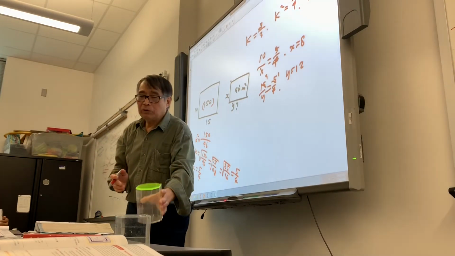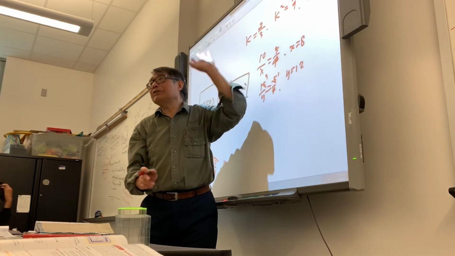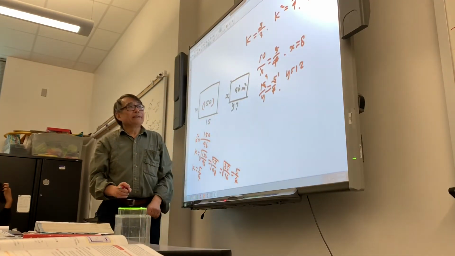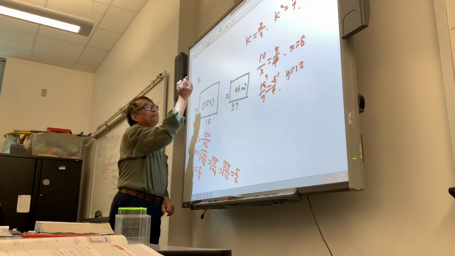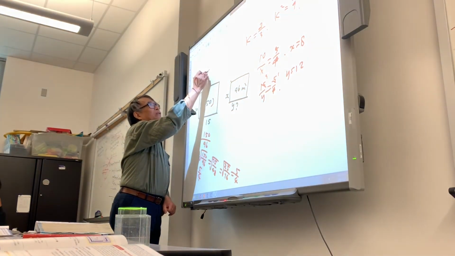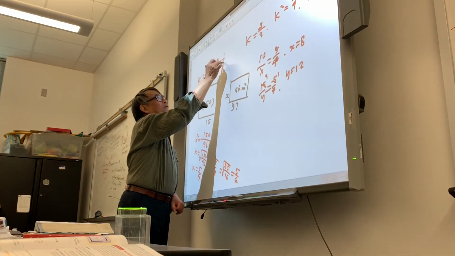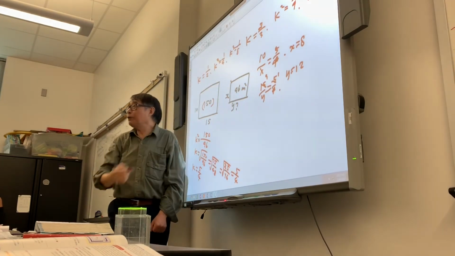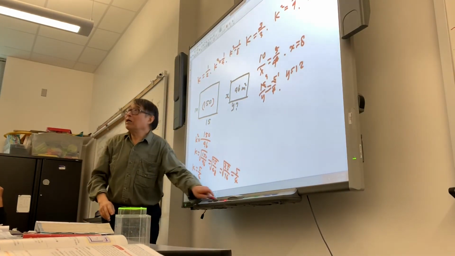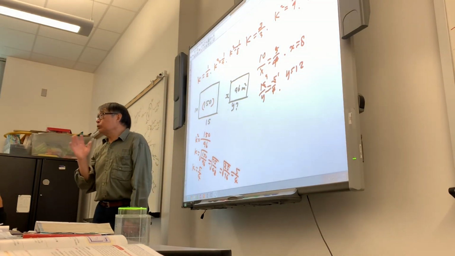So for area, just the length ratio squared is the ratio of the area. So I think everything for today is here. So if K equals 1 over 2, K squared is 1 over 4. K cubed is 1 over 8. Okay, please? Yes? Now you have about 13 or 14 minutes to do assignment 11.3.